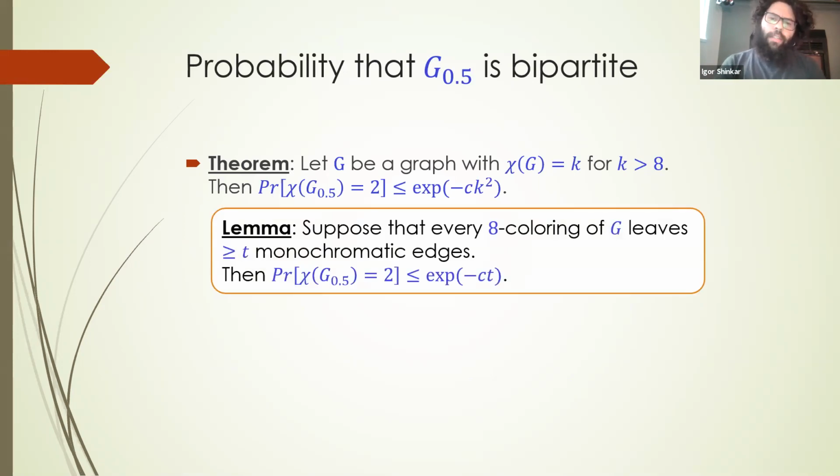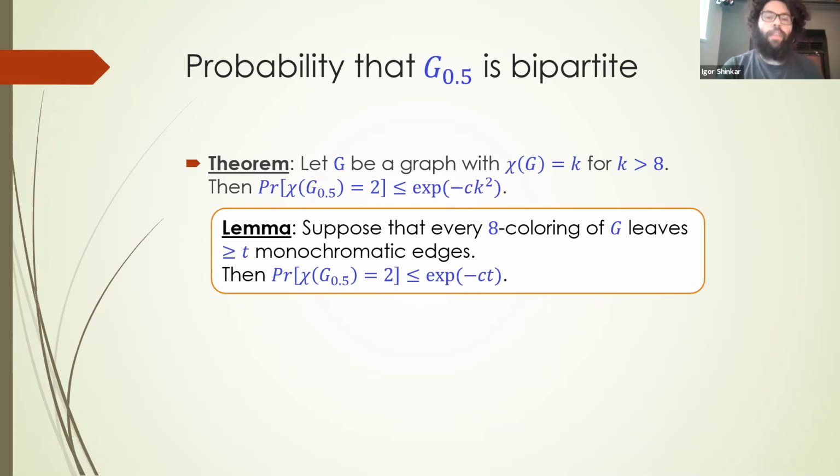So the key lemma is the following. Suppose that every 8-coloring of G leaves many monochromatic edges, say at least T. If this happens, then the graph becomes bipartite with only tiny probability. So that's the key lemma.